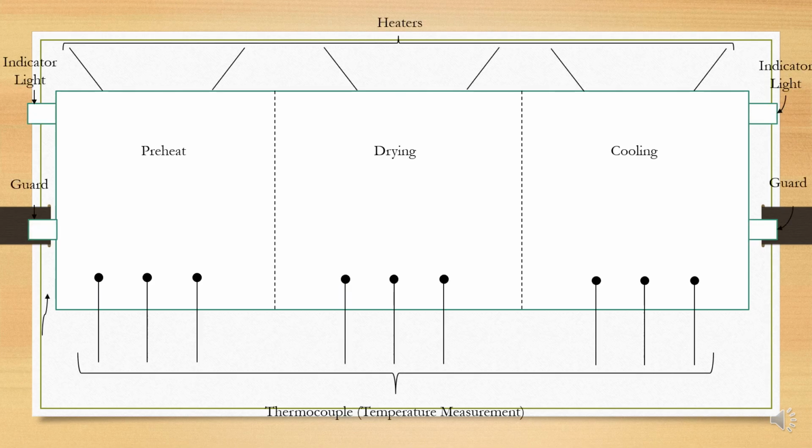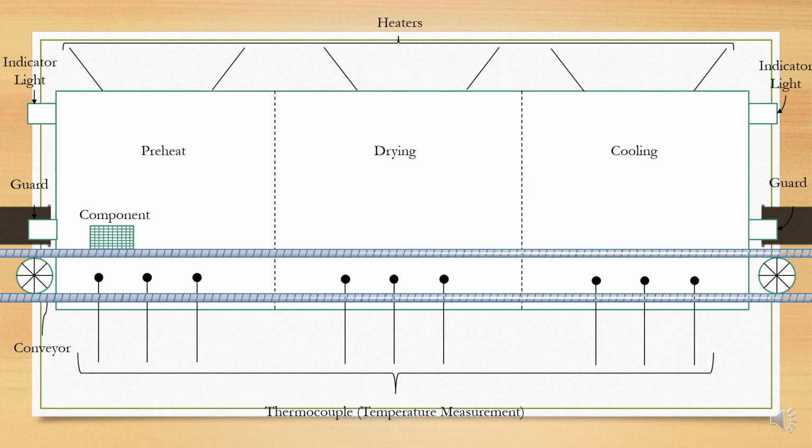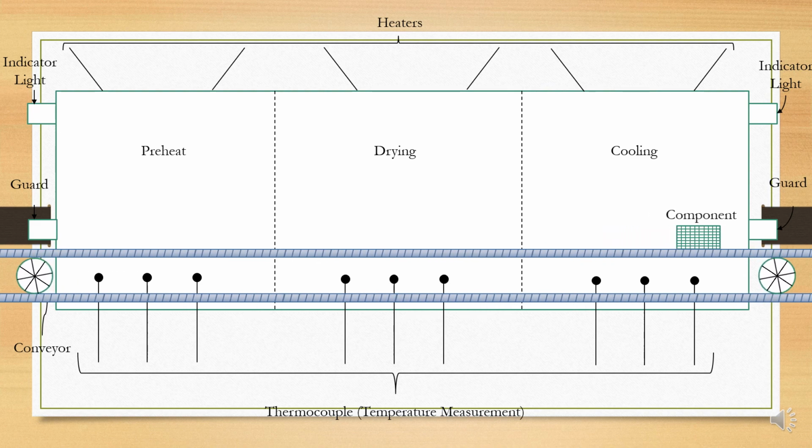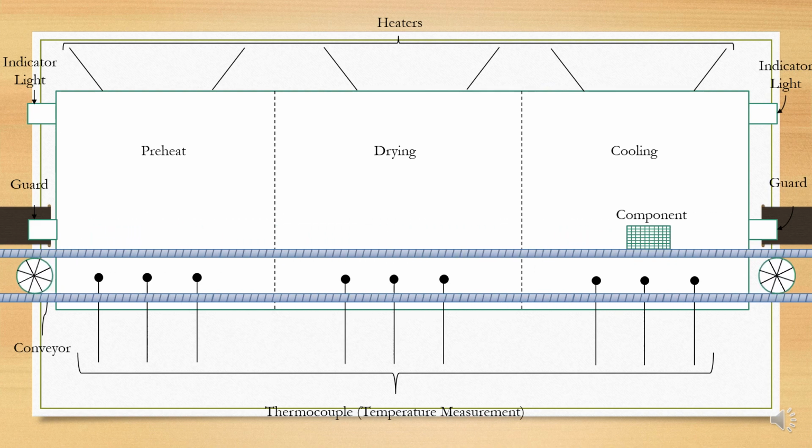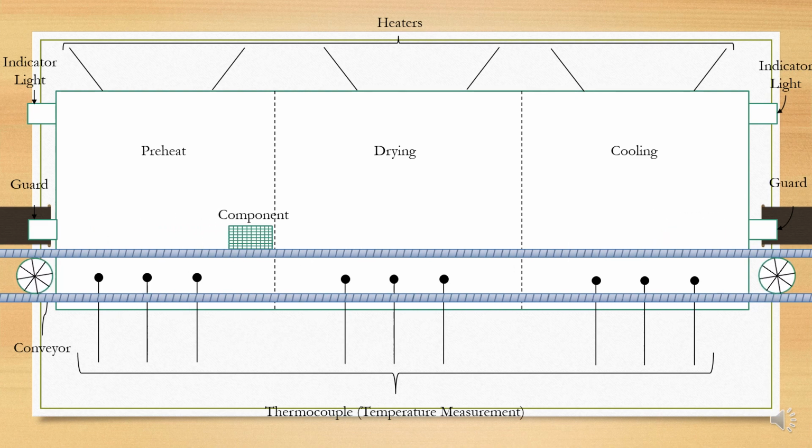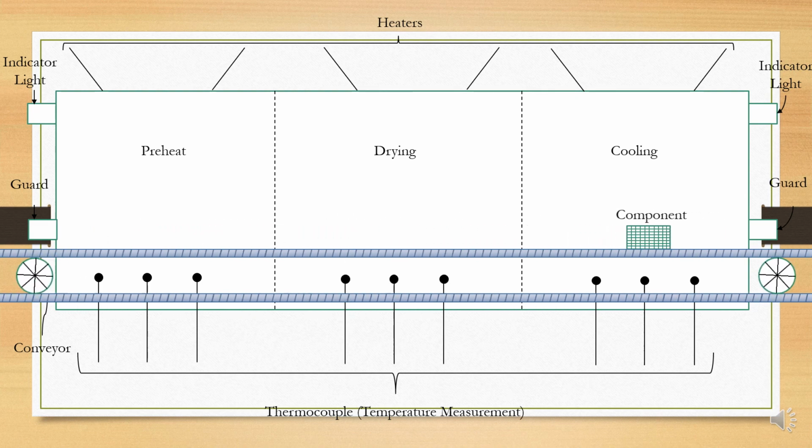The general arrangement of the drying oven system is shown here. In this drying oven, the components are dried by passing them through the conveyor belt. The components are placed on the conveyor belt, which conveys slowly through the drying oven. This drying oven consists of three gas fired burners: a preheat burner, a drying burner and a cooling burner.